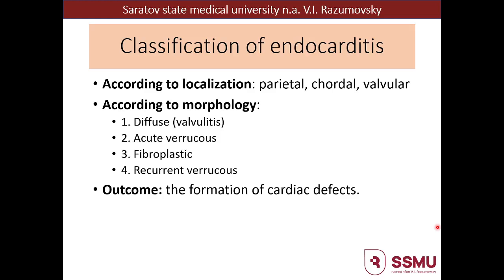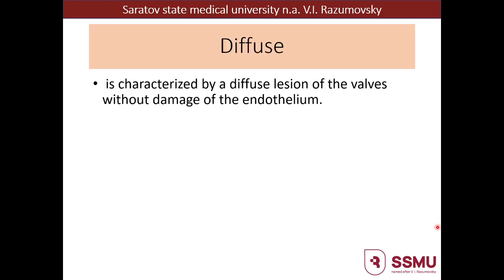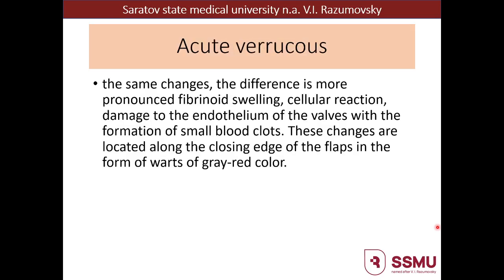Diffuse valvular endocarditis is characterized by a diffuse lesion of the valves without damage of the endothelium. The acute verrucous type of endocarditis is associated with the same changes. The difference is more pronounced swelling and serious reactions. And also we may see damage to the endothelium with the formation of small blood clots.